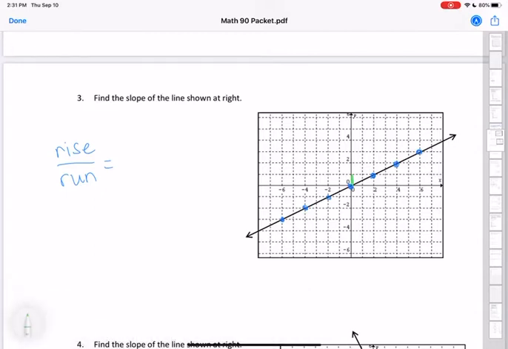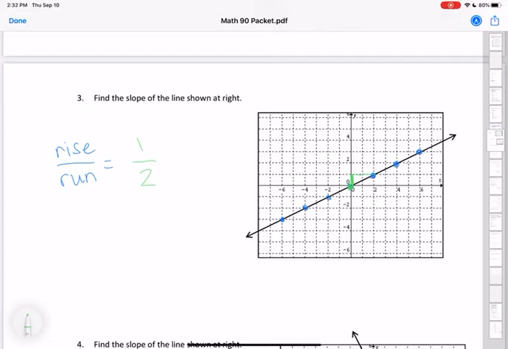I'm just going from dot to dot, okay? So just put my pencil here on the origin. I go up 1 is my rise. Over is my run, over 1, 2. So my slope is 1/2. Okay? If you wanted to go down, you could do that as well.